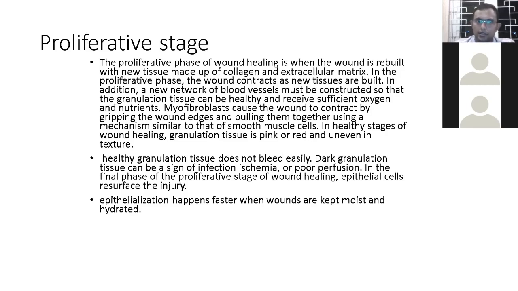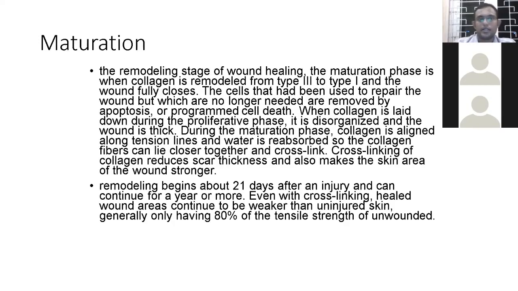So during this proliferative stage, what does the wound need? The wound needs an optimal supply of blood, and blood should contain oxygen, hemoglobin should be okay, protein should be okay. So all the micronutrients that we usually don't look at, those also should be okay for a good proliferative stage. And then the epithelialization happens.